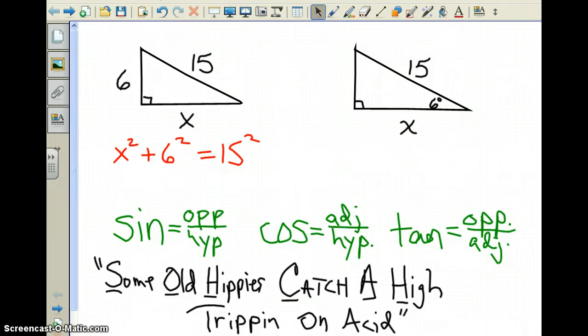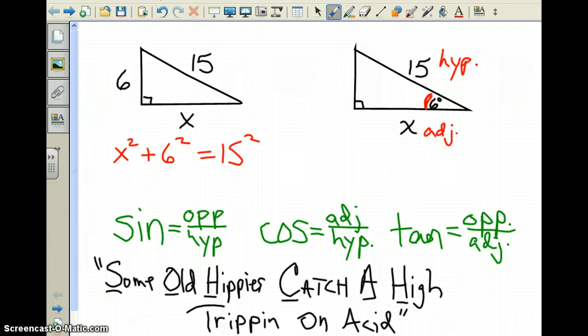Now, to determine which trig ratio we're going to use, we have to go onto the triangle, and from the angle that we're given, this 6-degree angle right here, we're going to determine what the two sides are. The 15, because it's across from the 90-degree angle, is obviously the hypotenuse. And the x, the other side we're looking for, is next to the 6-degree angle, so this is the adjacent side.